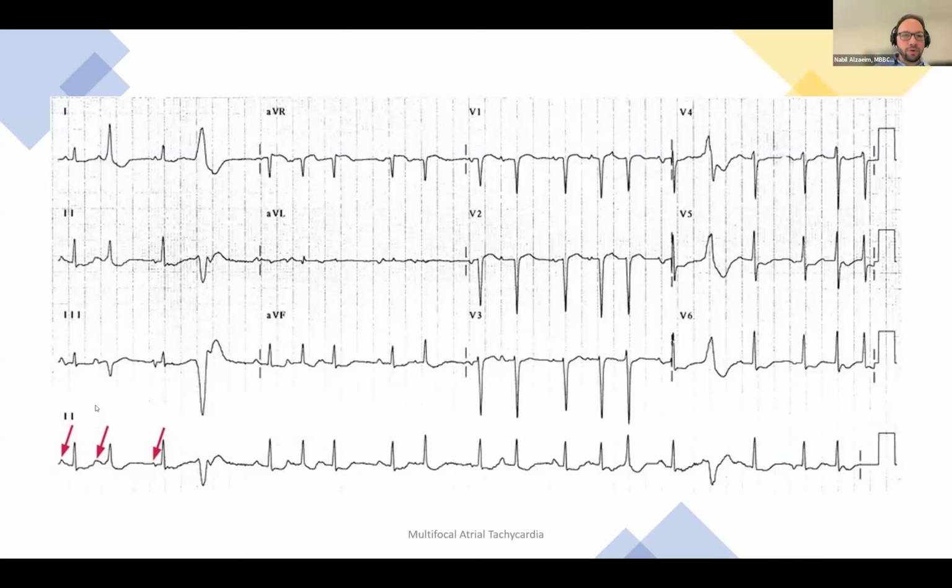We'll see more than 3 different morphologies of the P wave with different PR intervals. You'll see here the P waves with different shapes and different intervals. Usually we see that in patients with COPD or lung disease or on inhalers.